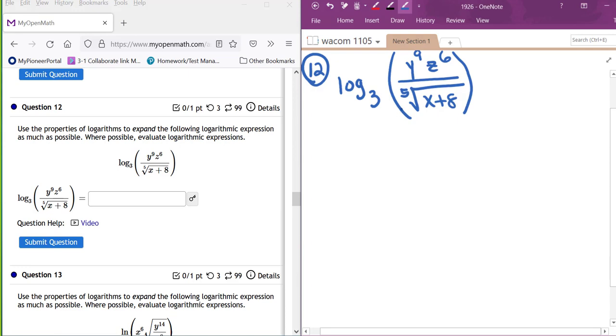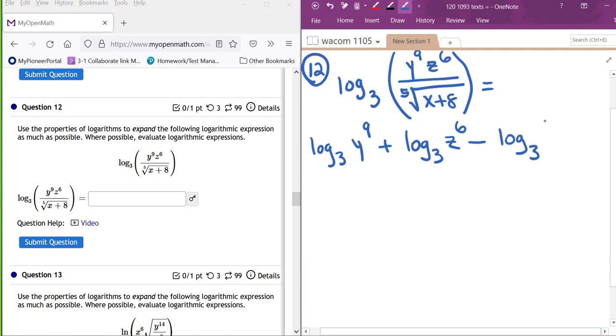If they're on the denominator, they're going to get a minus in front, and this will be a fractional exponent to this whole thing. So we're going to have 3 logs. And to completely expand it, we have to take the exponents down. So they're all going to come down.